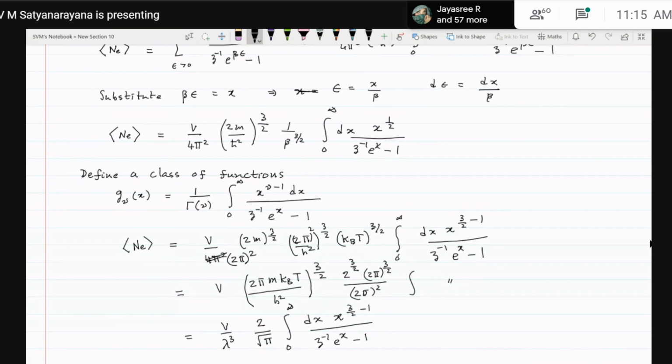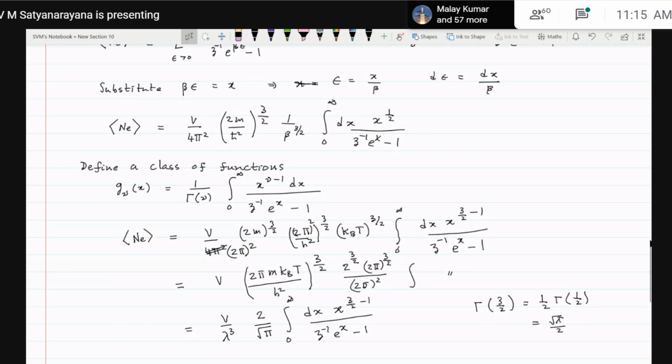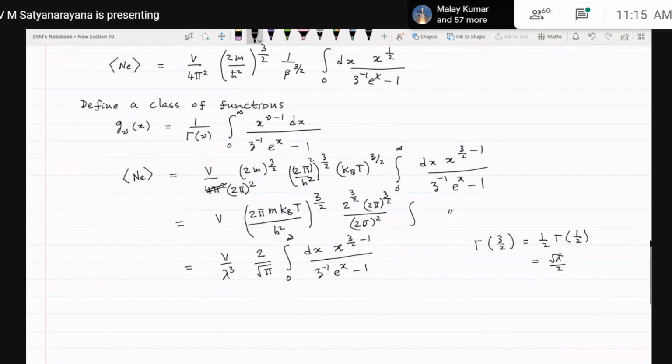Now you see that your gamma of 3 by 2 can be written as half gamma of half, which is equal to root pi by 2. So this 2 by root pi is like 1 by gamma of 3 by 2. So this expression gives us, in terms of the Bose-Einstein functions defined, N is equal to V divided by lambda cube into g 3 by 2 of z.